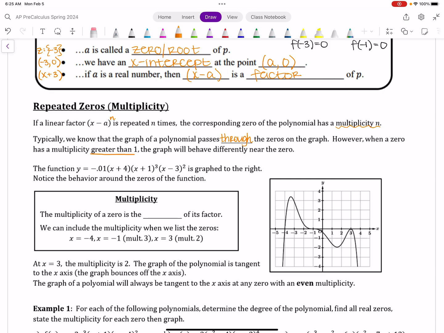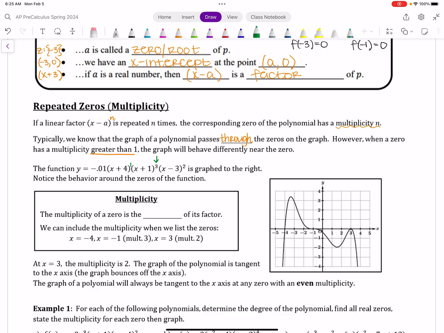So for example, we have our function y equals negative 0.01 times (x plus 4) times (x plus 1) to the third power times (x minus 3) to the second power. So we have an understood exponent of 1 on our first factor.